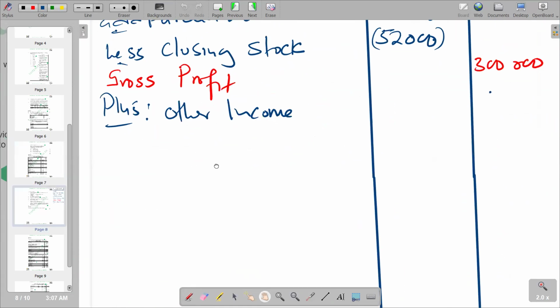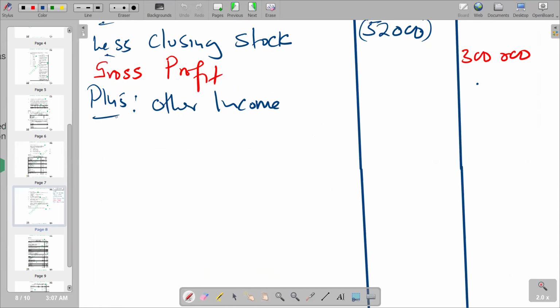So we come in and say commission received, and the figure that we have is 3,100, and put it in this column.